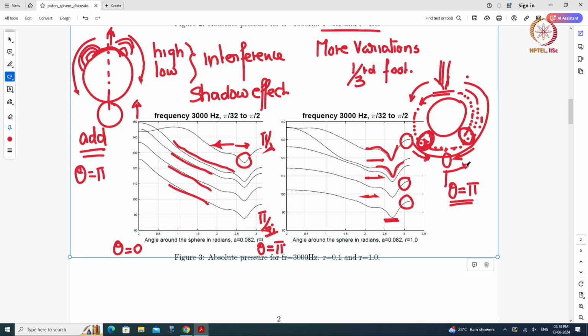Okay, and sharper also because the wavelengths are small.